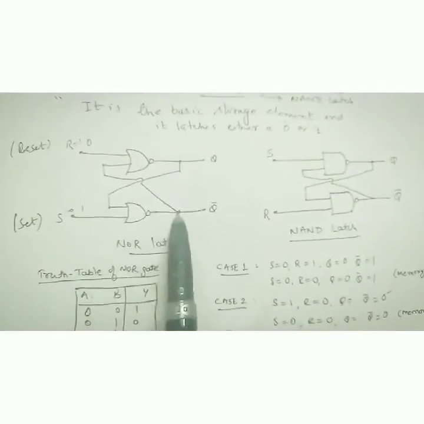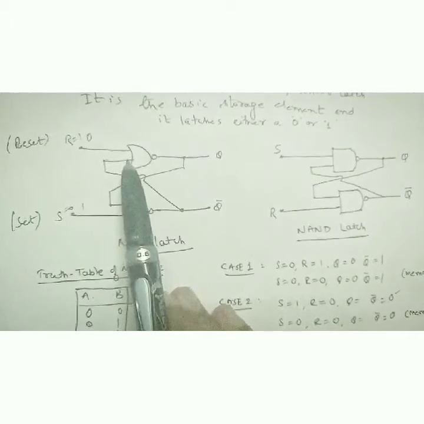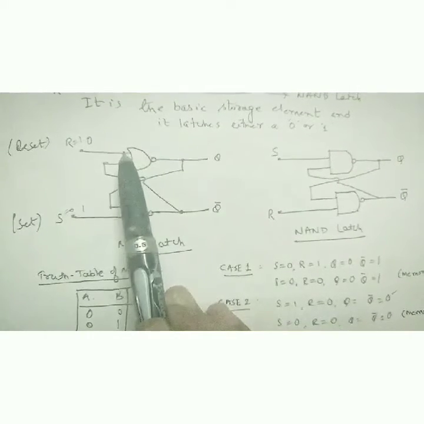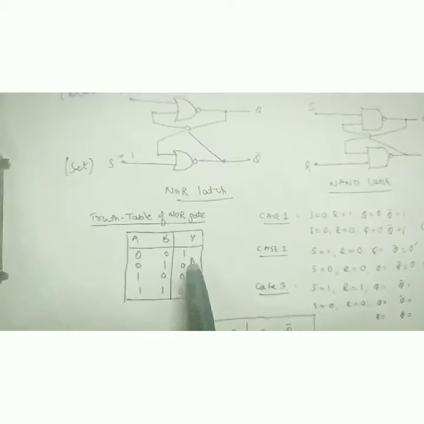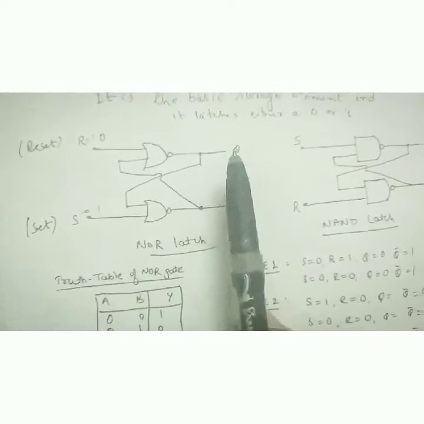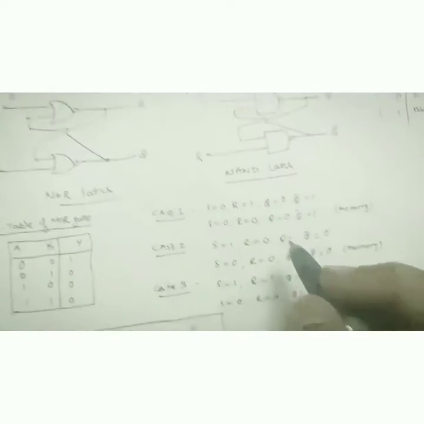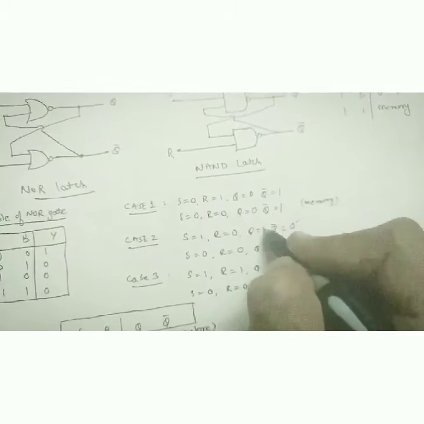Now this is 0 and this is also 0. When both are 0, we get the output as 1. So the Q output we are getting as 1. I am writing here Q as 1.